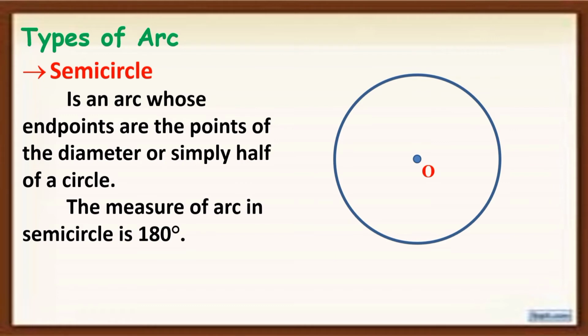If I have a point A here and another point here, and I'm going to name it as point B, and I connect point A and point B and all of the points on the circle, therefore arc AB is a semicircle of circle O. And also, the other side of that is also what we call a semicircle.